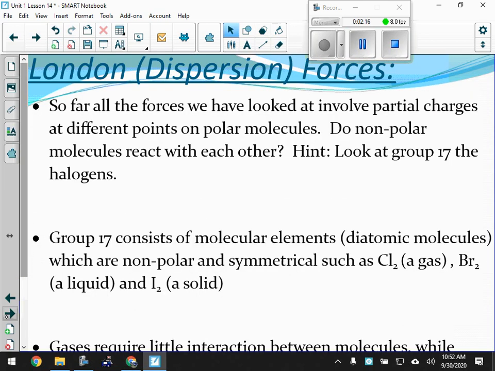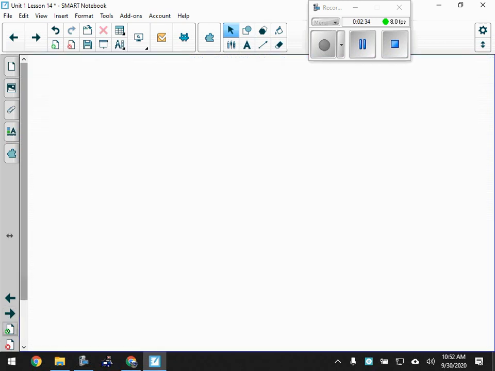So far we've looked at two polar types of molecules, two polar cases, I guess. What about nonpolar? Do nonpolar have some kind of force that holds them together? And well, of course, if you haven't picked up on this, probably. But you know, even if we just look, the example they give us here is look at F2.